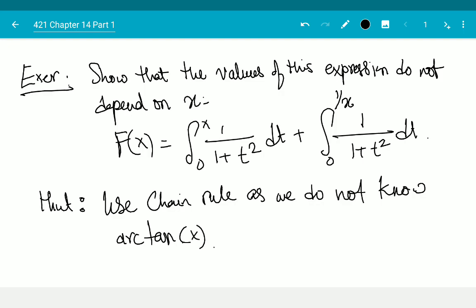So you will have to use the chain rule rather than saying, oh, I know that the integral of this is exactly arc tan of x, and trying to cheat with it. No, that doesn't work. You'll have to do it in a better fashion.